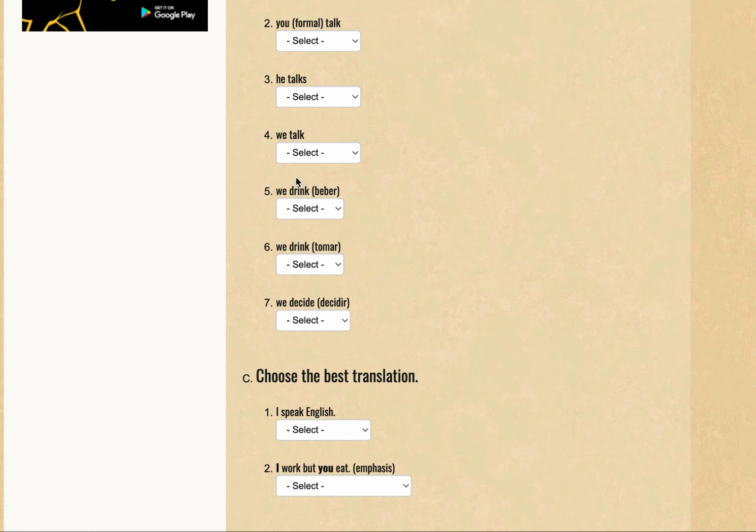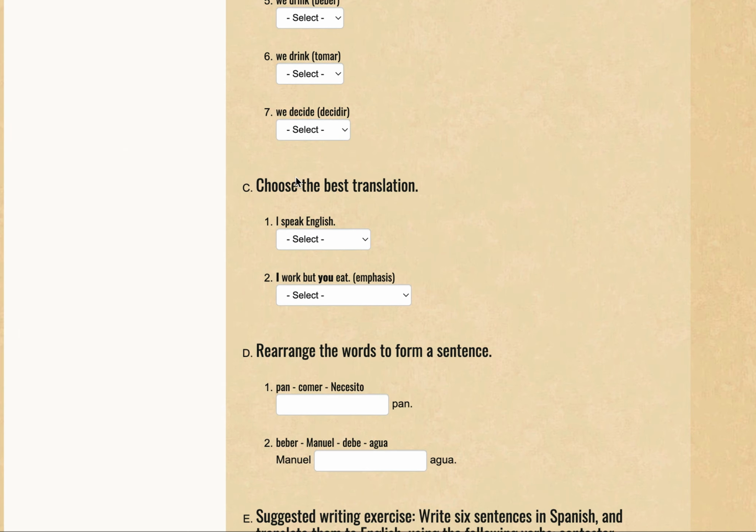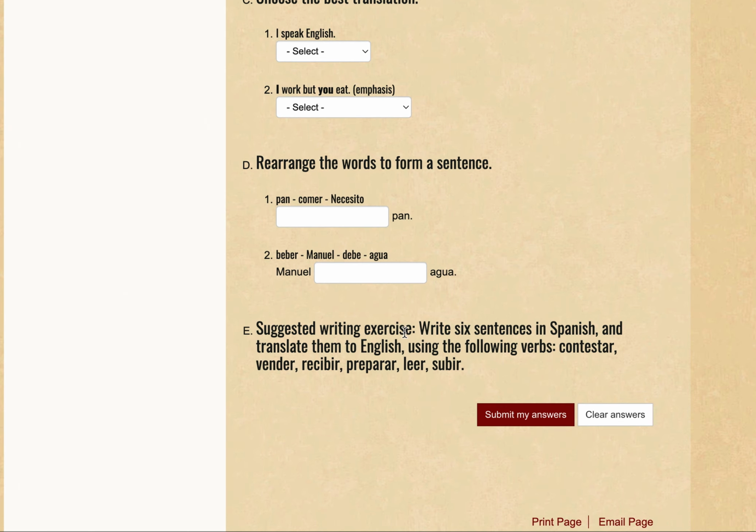And we have also seen that in terms of the meanings of these words, contestar means to answer, vender means to sell, recibir means to receive, preparar means to prepare, leer means to read, and subir means to increase.